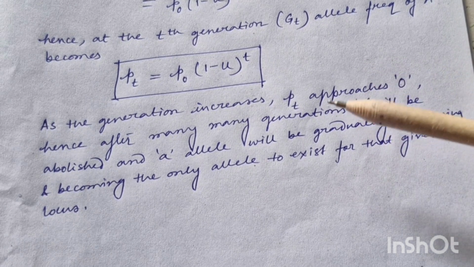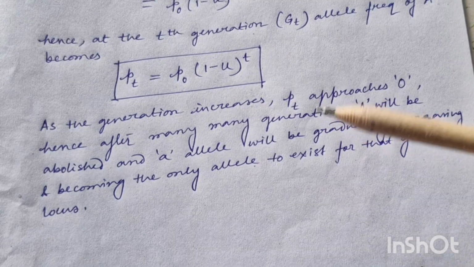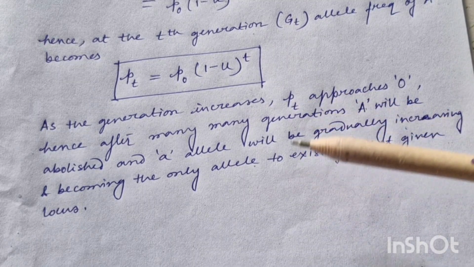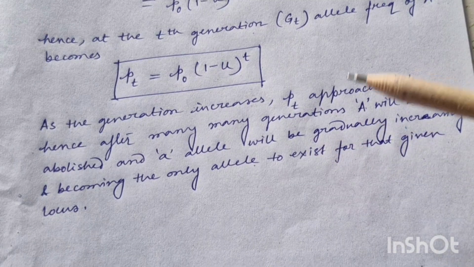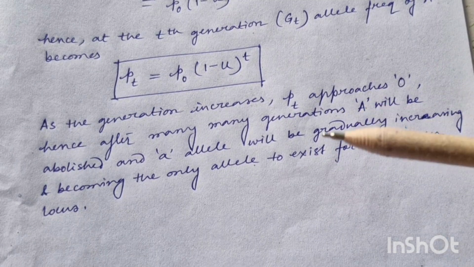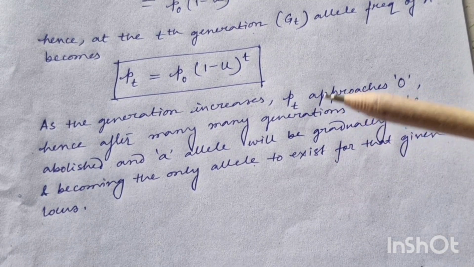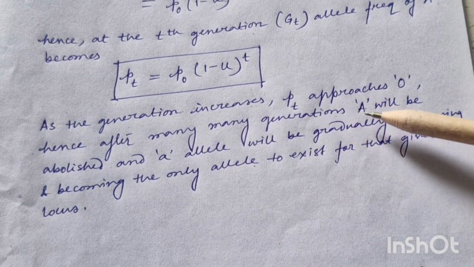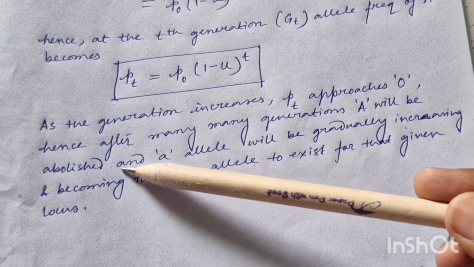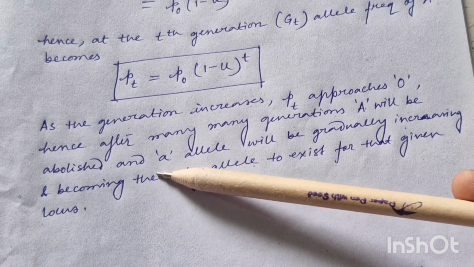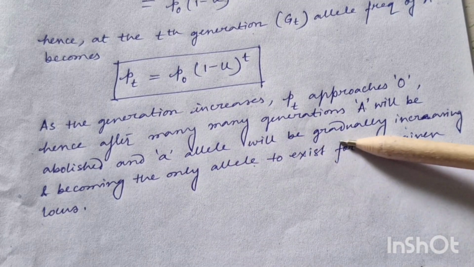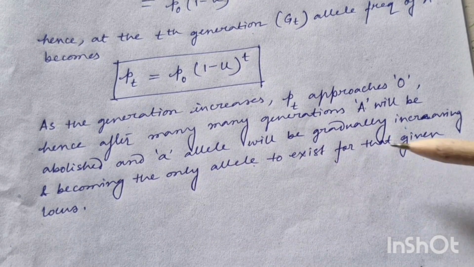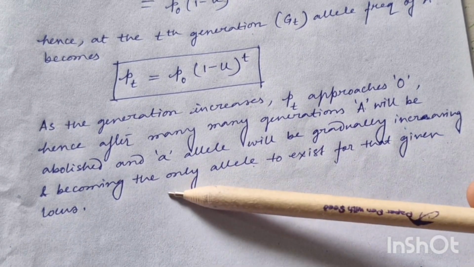That means the portion of capital A is getting gradually decreased, or its frequency is gradually decreasing generation after generation, whereas the portion of small a is getting gradually increased. Okay, hence after many generations, capital A will be completely abolished from the population and small a allele will be gradually increasing and becoming the only allele to exist for the given locus in the population.